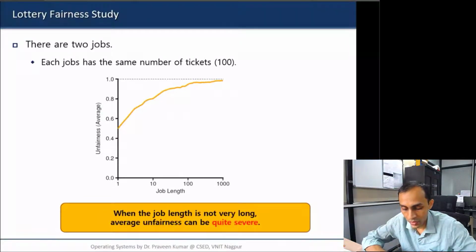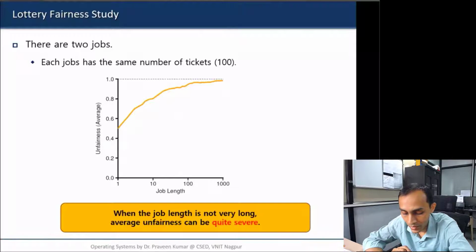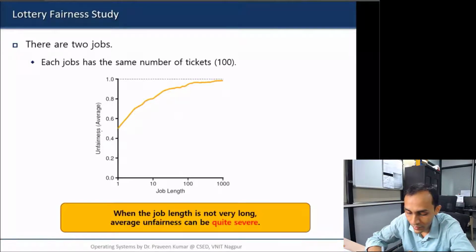This is also an empirical study of how fair this random algorithm works. We use a metric called unfairness, which is the time taken by the first job to complete divided by the time taken by the second job to complete.